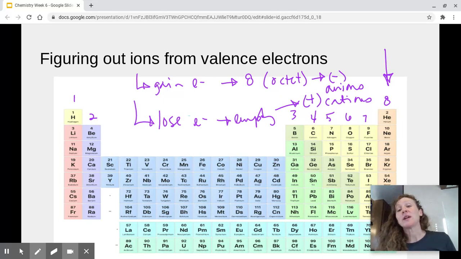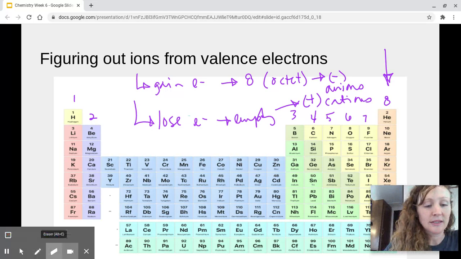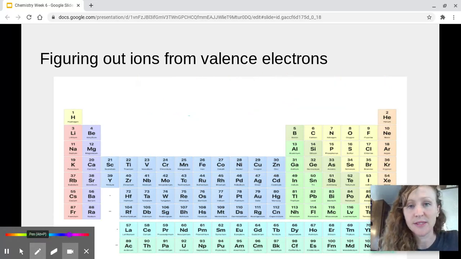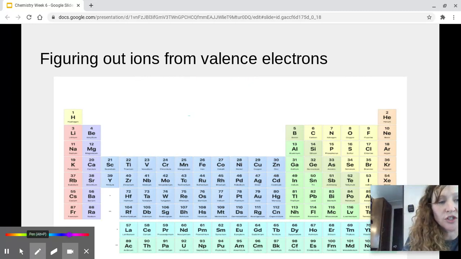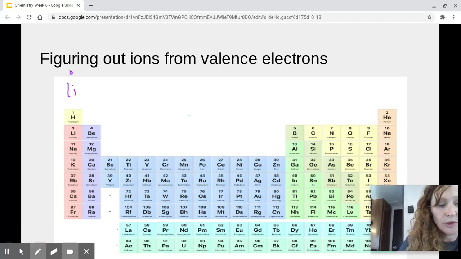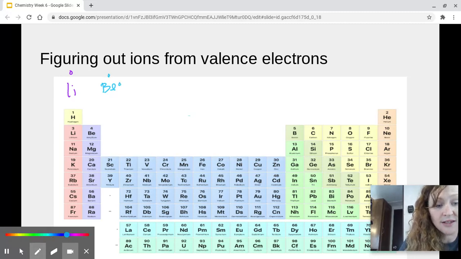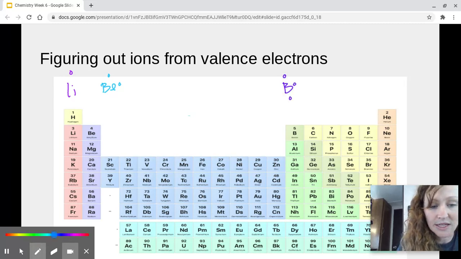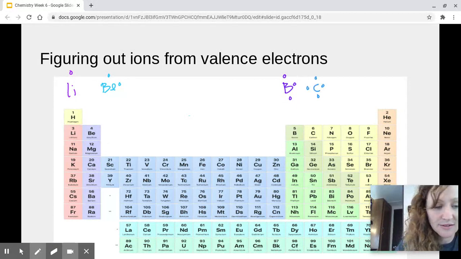Okay, so let's look at this in practice. Let's look at some of these smaller atoms, and for the sake of time, I'm going to draw their Lewis dot structures. So let's do this first row in terms of Lewis dot structures. Again, you already have this done. If you go pull out that chart where we drew Bohr models and Lewis dot diagrams for those first couple rows, you actually have this done.